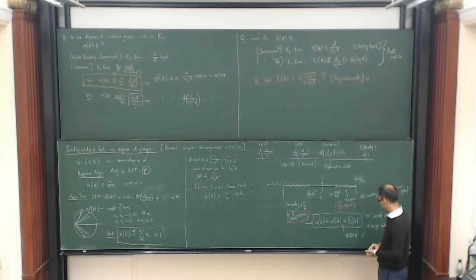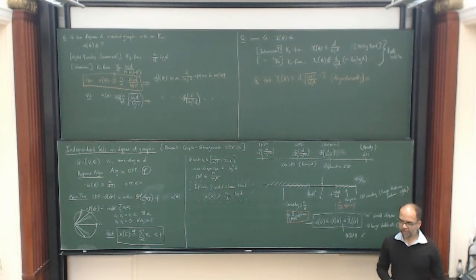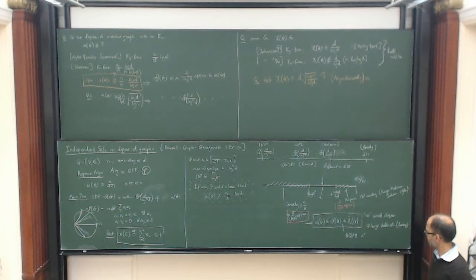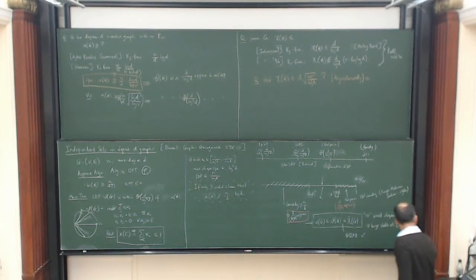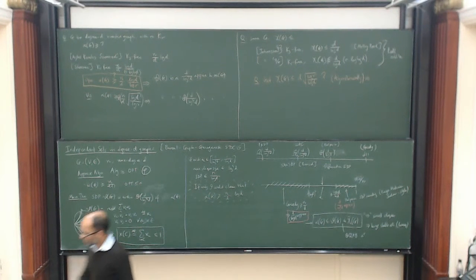We get good bounds for theta over alpha in terms of d. And I don't quite know how the gap between theta bar and alpha can be bounded. Not that I know of. I don't see it. I'll have to think about it. Okay, so let me show you Shearer's proof.